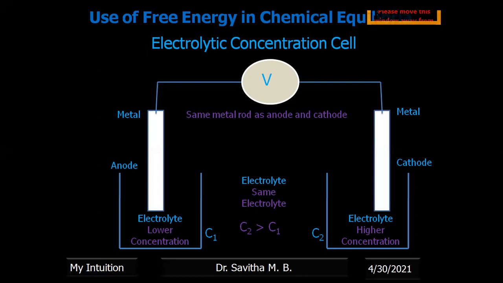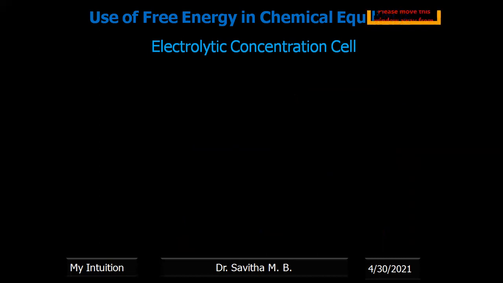By default, the compartment where the electrolyte concentration is higher acts as the cathode, the other one is the anode, and the electrons flow from the anode to the cathode. These two cells are also connected by a salt bridge.